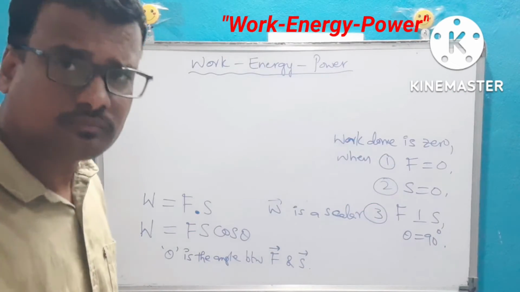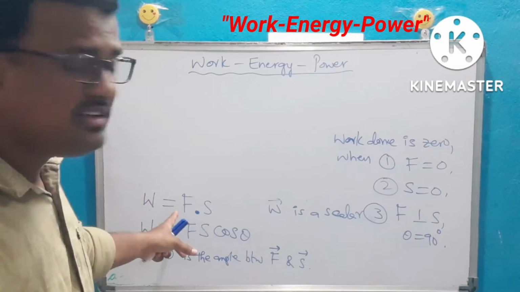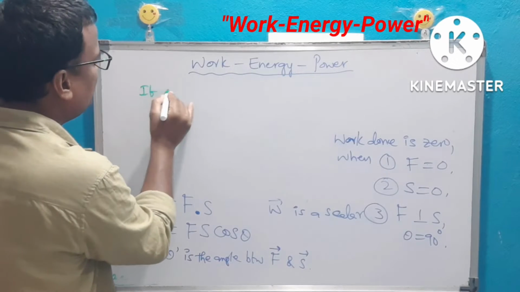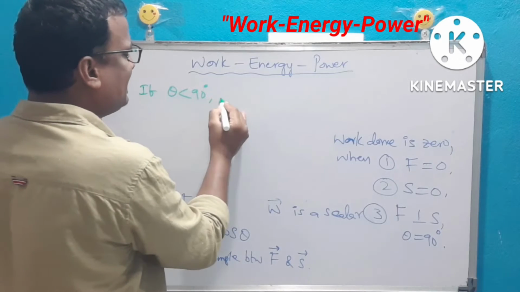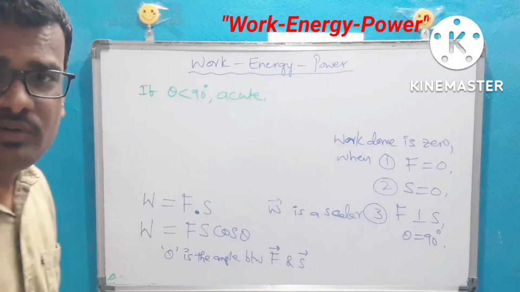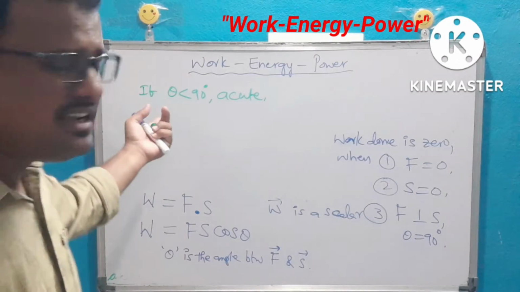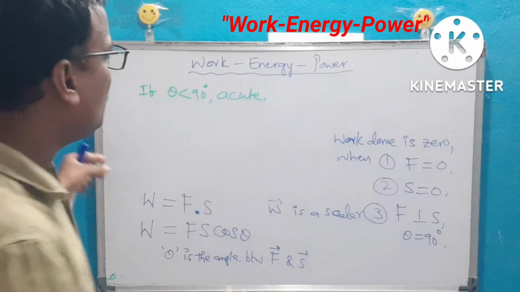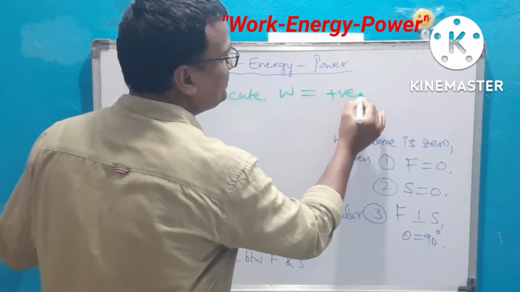If theta, the angle between the force and displacement, is less than 90 degrees, that means the angle is an acute angle. Then the work done can be positive.